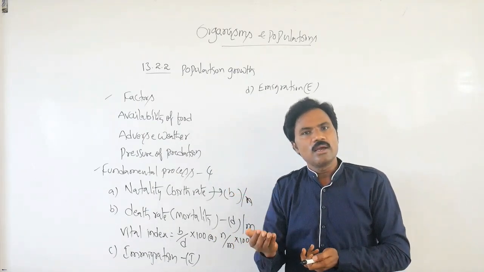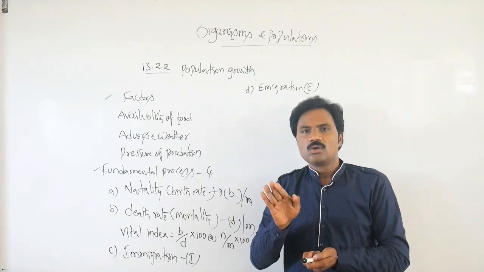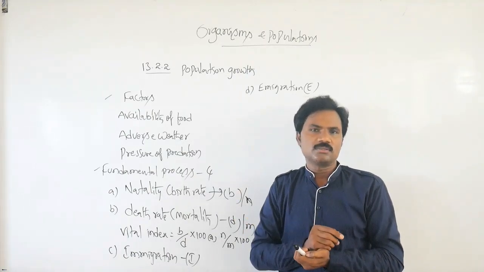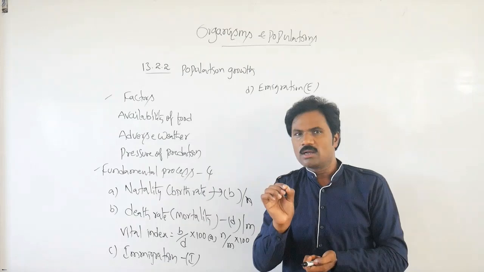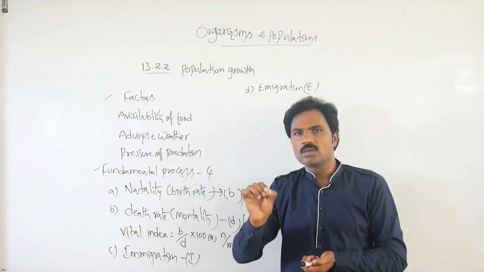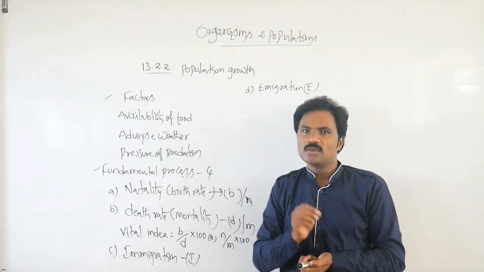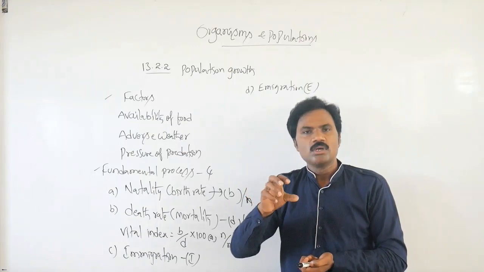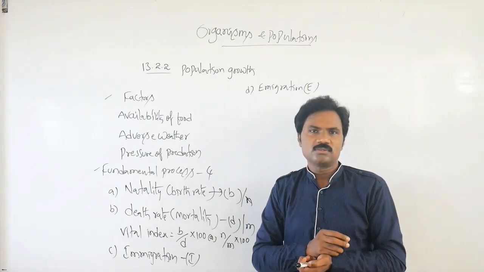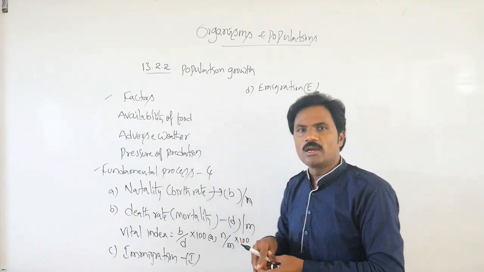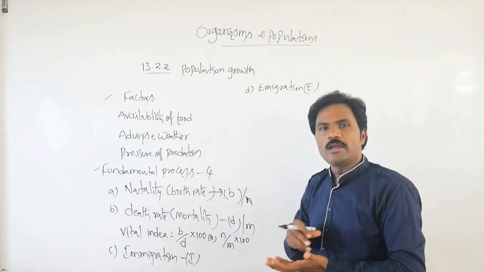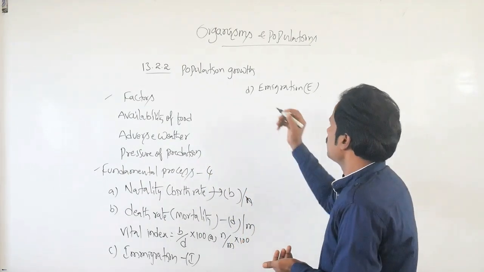So death rate as well as emigration decrease the population size. Very simple. Birth rate and immigration increase the population size. Death rate and emigration decrease the population size. So here, if you calculate, how do we calculate the population density?